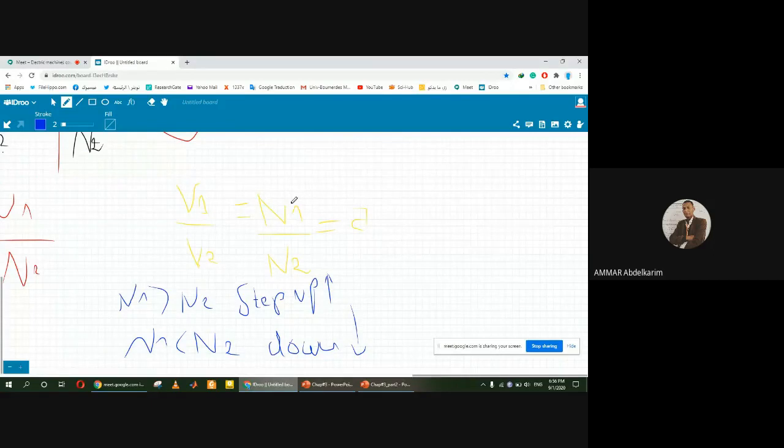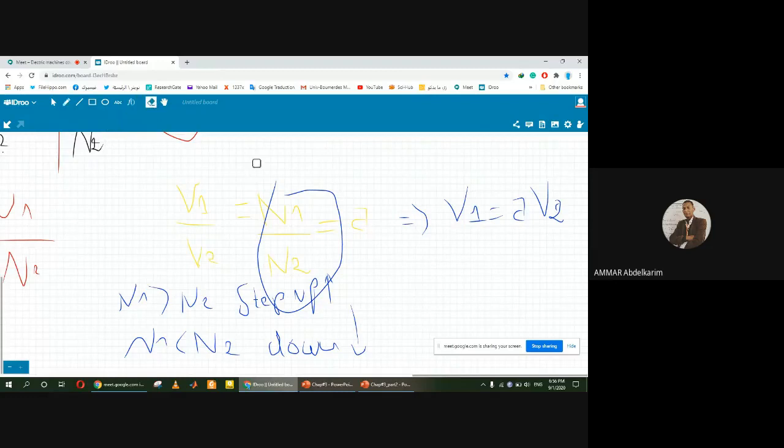So if N1 is more than N2, it can be written like this: V1 equals A times V2. So if N1 more than N2, this ratio A is more than 1. And of course, according to this equality, V1 is greater than V2, so V2 is less than V1, so this transformer is a step down transformer.